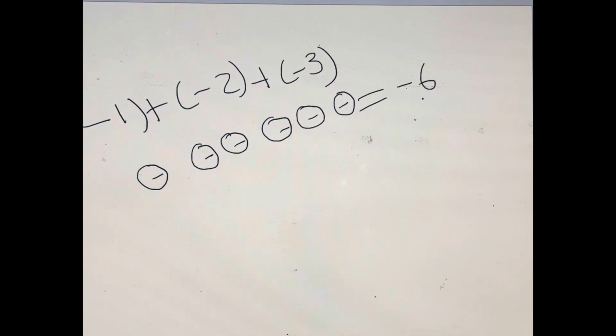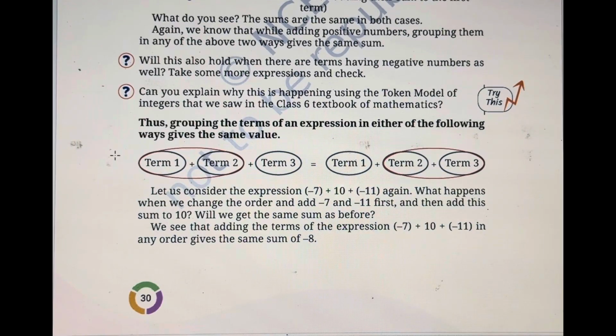Right, so with the token model also, we understood that if all the numbers are negative and we add them in any order, the answer remains the same. So we conclude that grouping the terms of an expression in either of the following ways gives the same value.